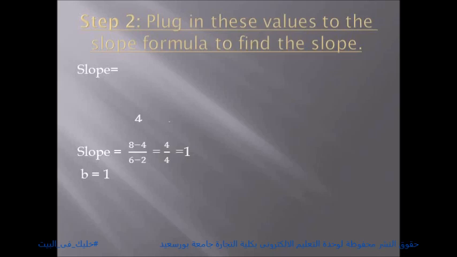So the value of b, or the slope, equals 1. Then we will use this value of b, substituting in the equation to find the equation that goes through the 2 coordinates.